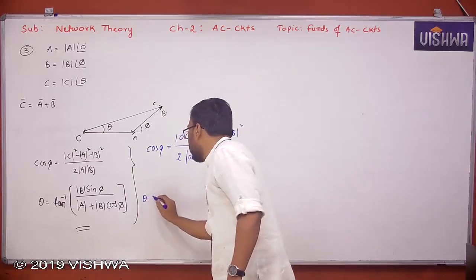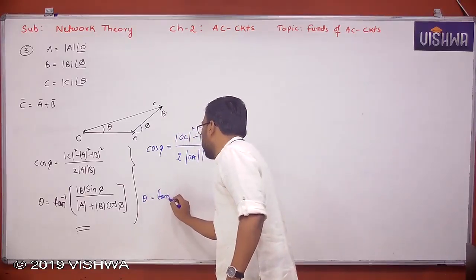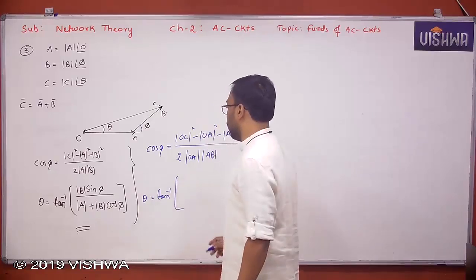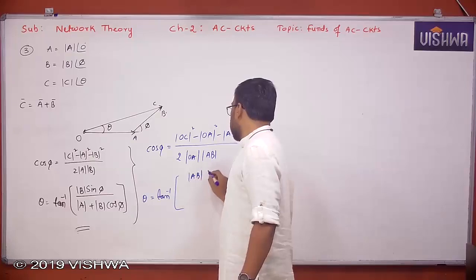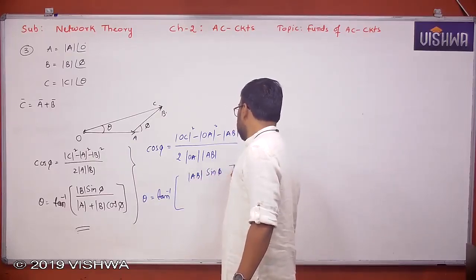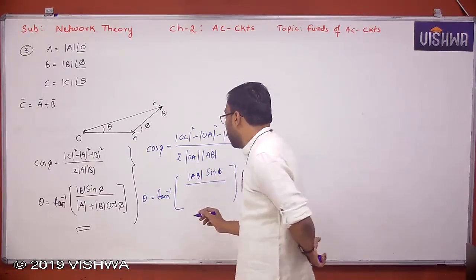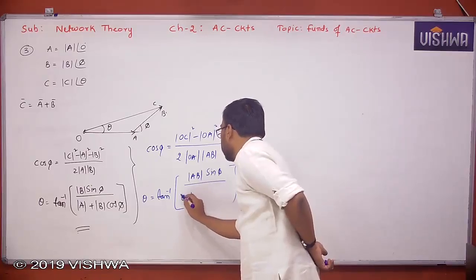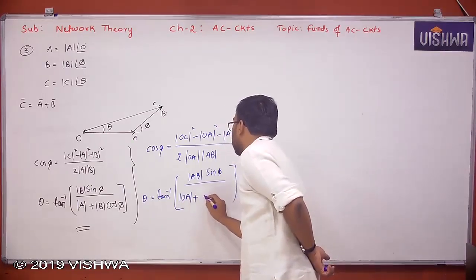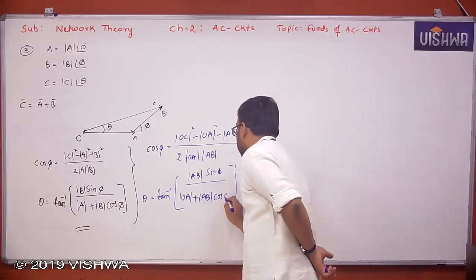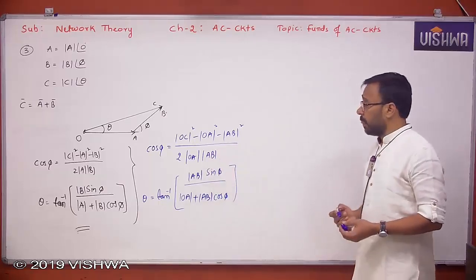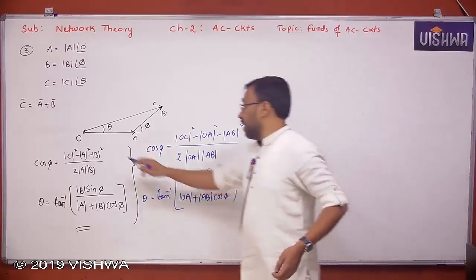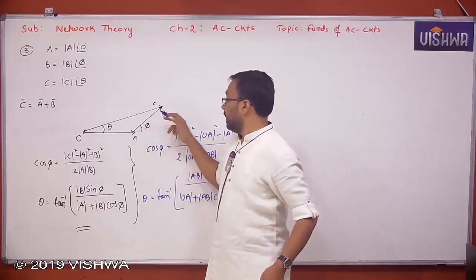Similarly, theta can be written as tan inverse of, okay, AB sin phi by, what do you get? OA plus AB cos phi. Both are same. Yes or no, all of you? Okay. Both are same. The length of the phasor, I'm taking OA. This is OC. This is AB. Like that I can proceed.